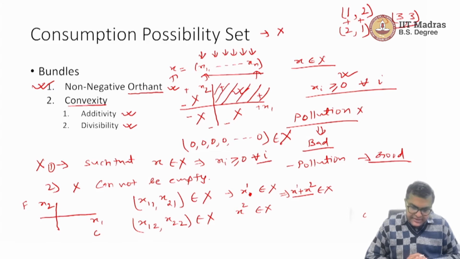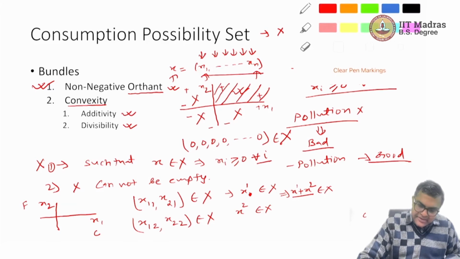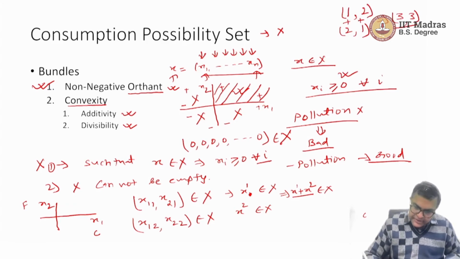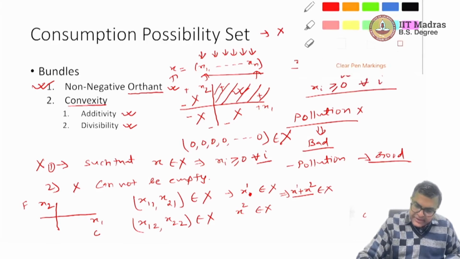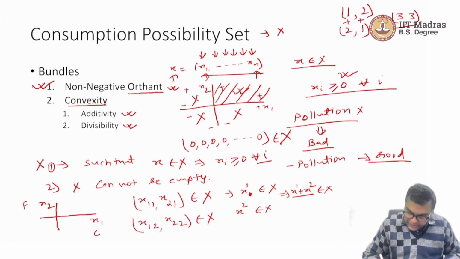Next assumption is of divisibility. What is divisibility? This is a little bit more troublesome. Divisibility is that if you are able to think about x1 in X, then you are able to think about alpha x1 in X, where alpha is any element between 0 and 1.